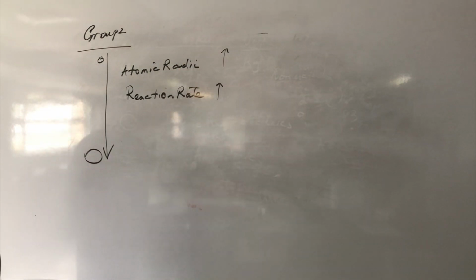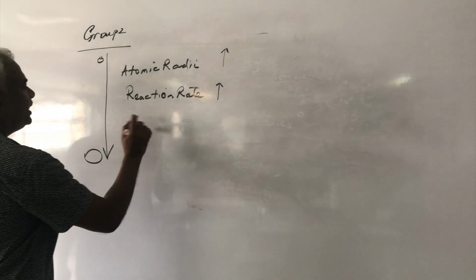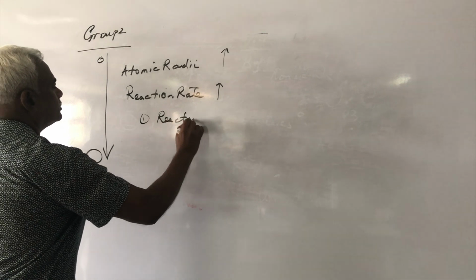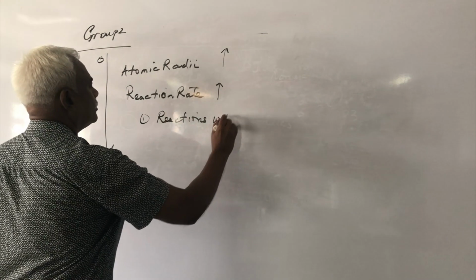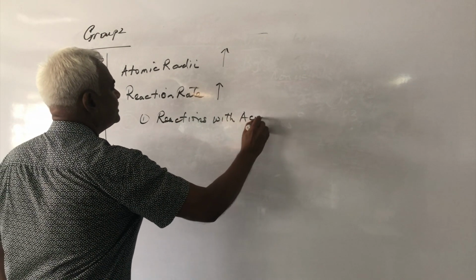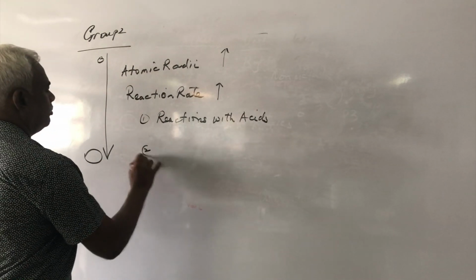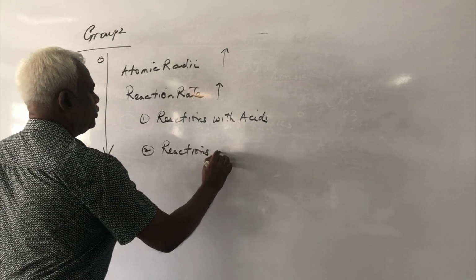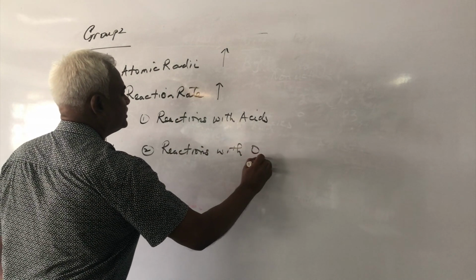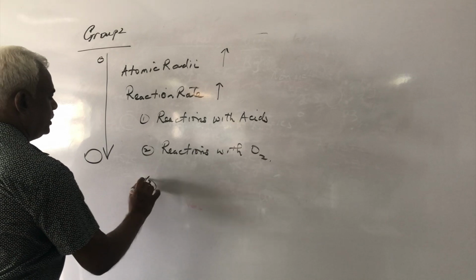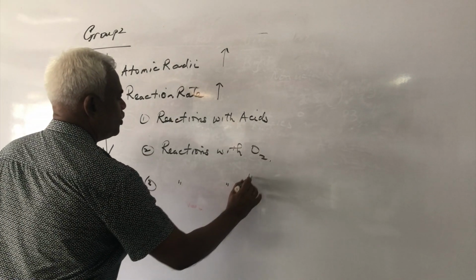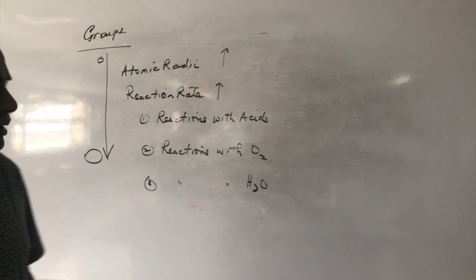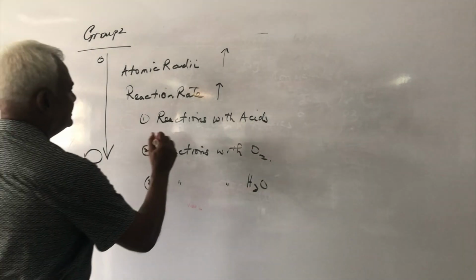There is something else to consider as we look at group 2. We'll need to look at the reactions with acids, reactions with oxygen, and reactions with water. Now, let's look. Reactions with acids.